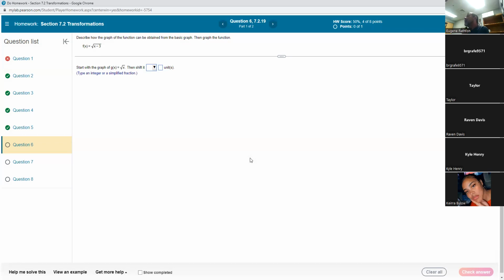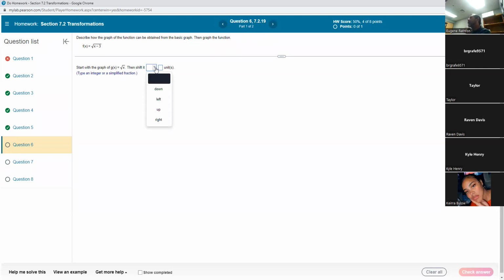Y'all, this is the square root graph. So let me just tell you a trick. Anything that's under the square root, you would treat it like it's in parentheses, okay? So they're telling us you're going to start with the graph g of x equals square root of x, and then shift it blank units.